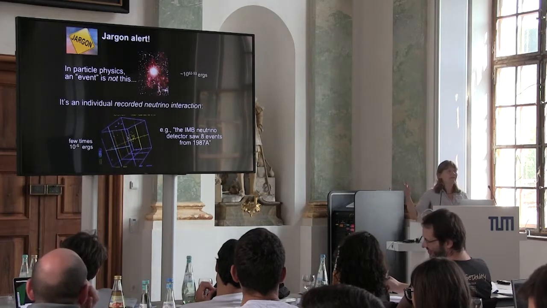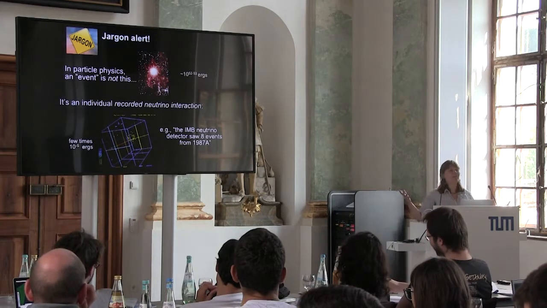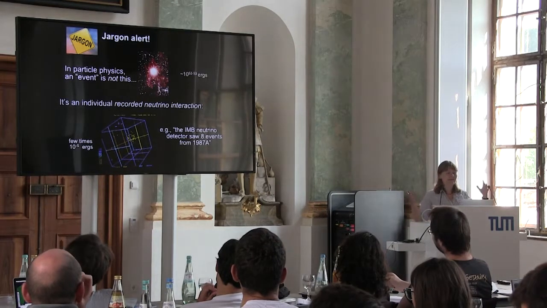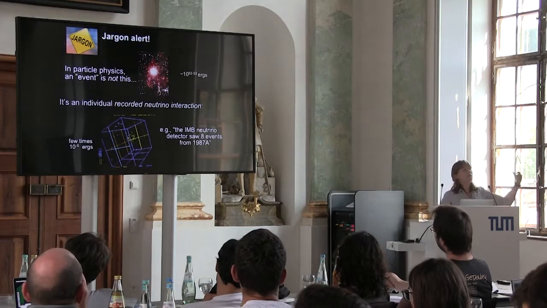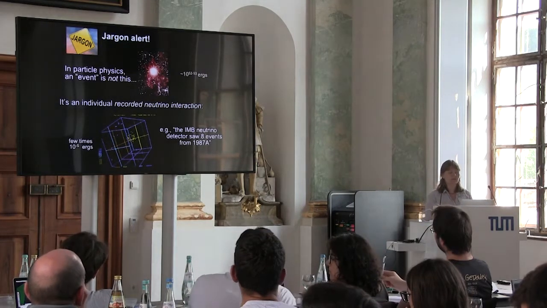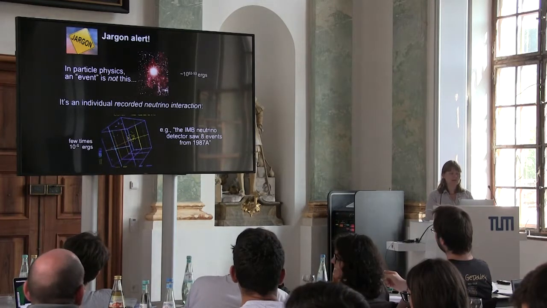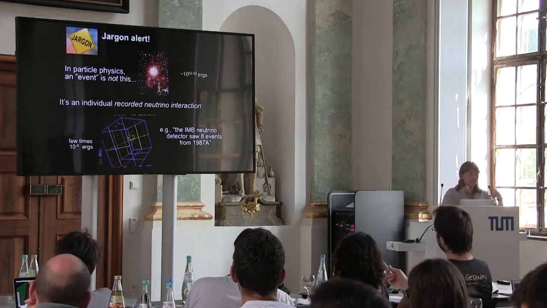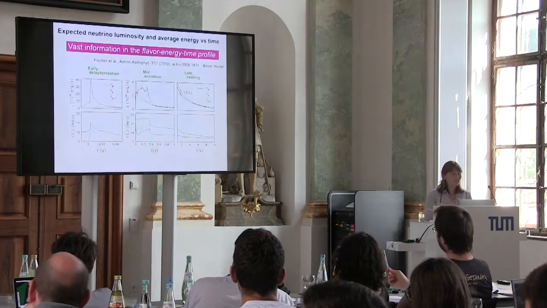The energy scales of these two kinds of events are many, many orders of magnitude different from each other. A supernova explosion is something like 10 to the 50-something ergs, whereas a single neutrino depositing energy in a detector is some tiny fraction of an erg. So when I say things like the IMB detector saw 8 events from 1987, we're talking about one big event and lots of little ones.